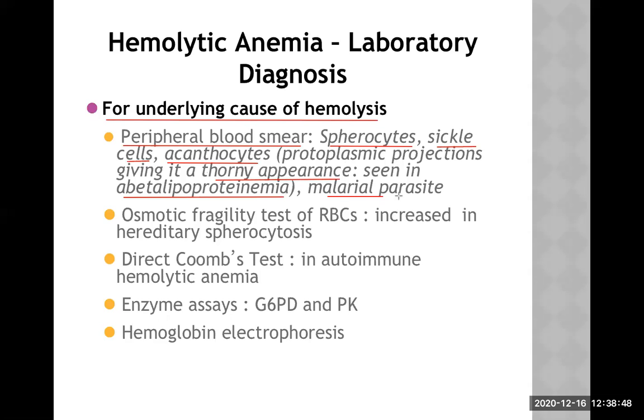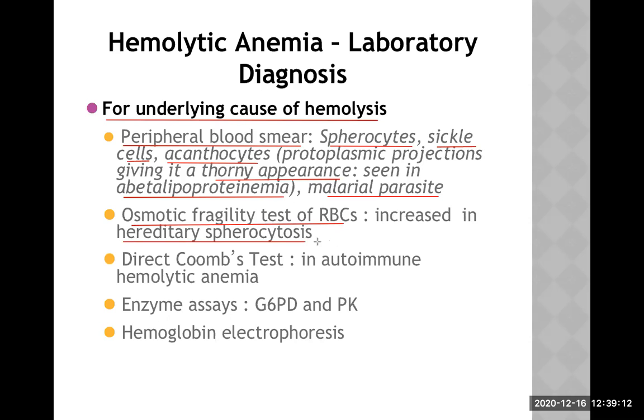And malarial parasite can also be seen in case of malaria. Malarial parasite, or plasmodium, different types of plasmodium can be seen inside the RBC. Osmotic fragility test of RBC is done for the diagnosis of hereditary spherocytosis.